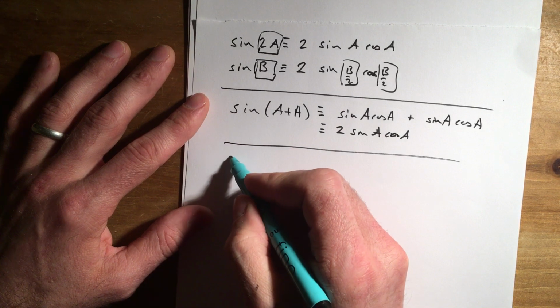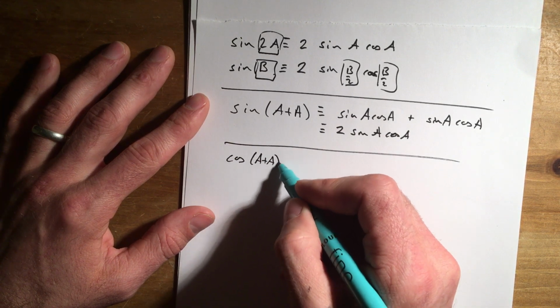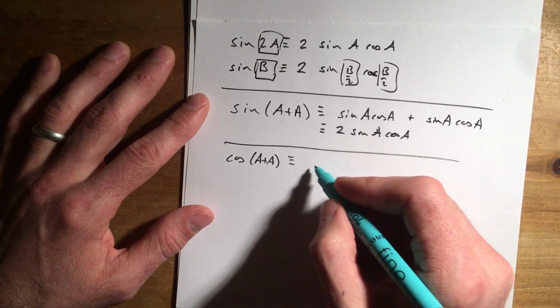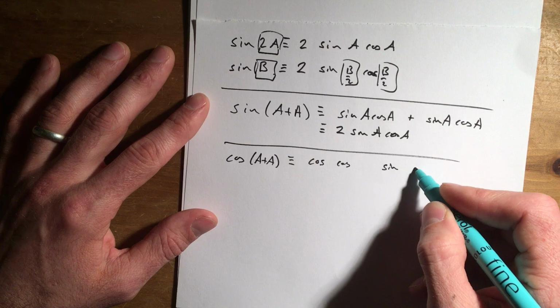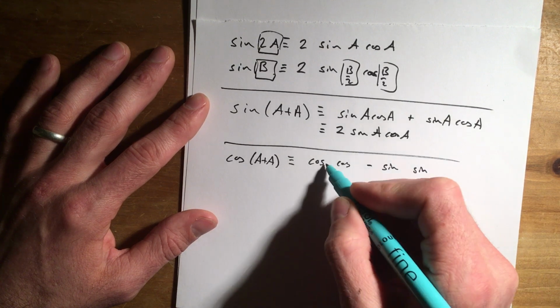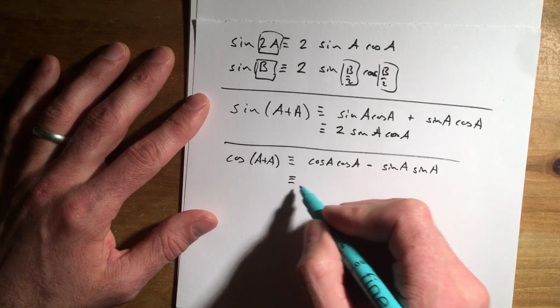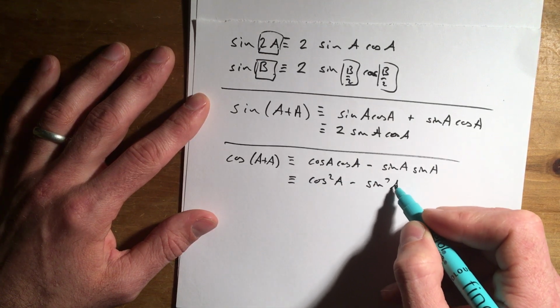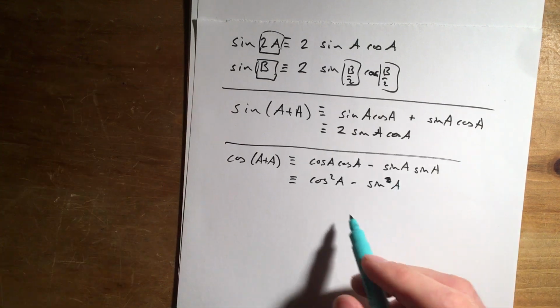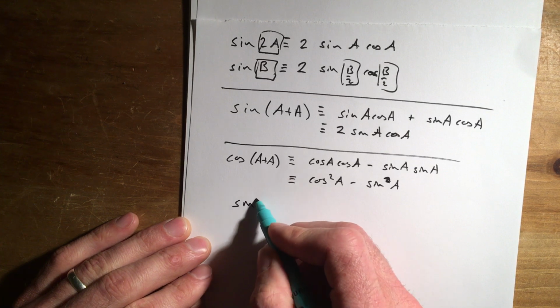Similar one for cos. Well, cos of a plus a, or cos of 2a, is going to be cos cos, sine sine. There's a minus sign in the middle, and again, all of these are a's. So we get cos squared minus sine squared. Now, as you know, we have this formula as well.